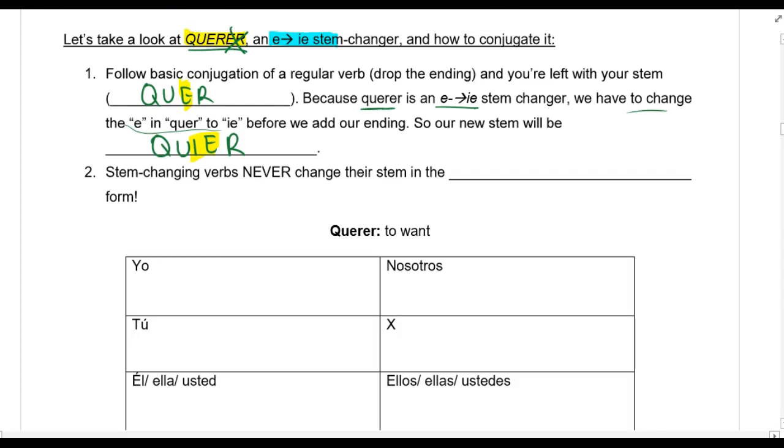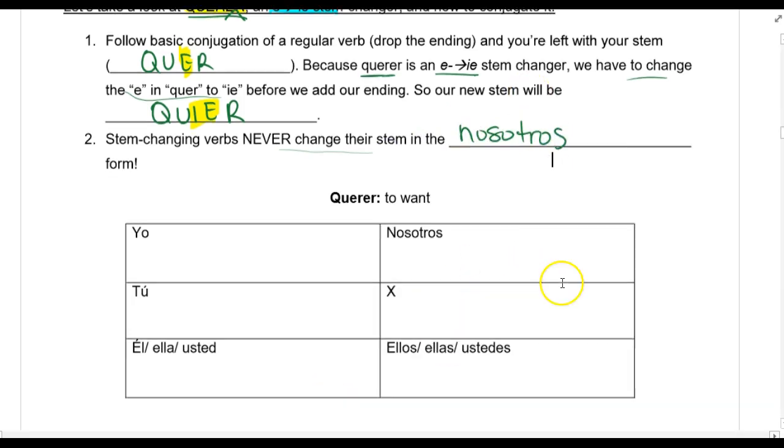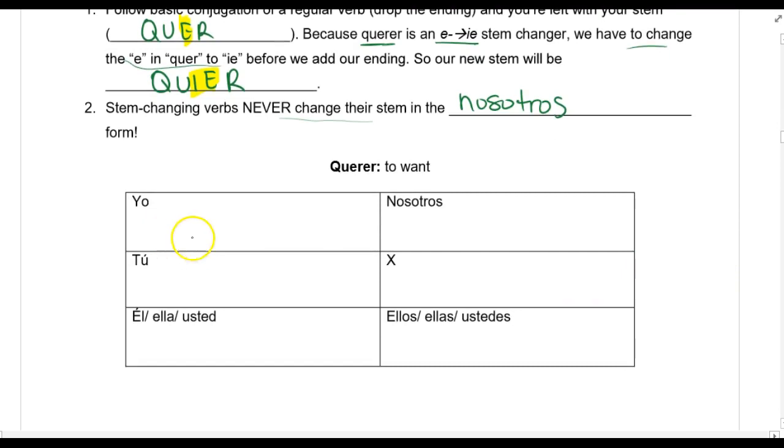When we're conjugating stem changing verbs, you're never going to change the stem in the nosotros form. Okay? So what that means is the following. If we go down here to our chart of querer, or to want, you would write down the stem of quier, because that's our new stem.